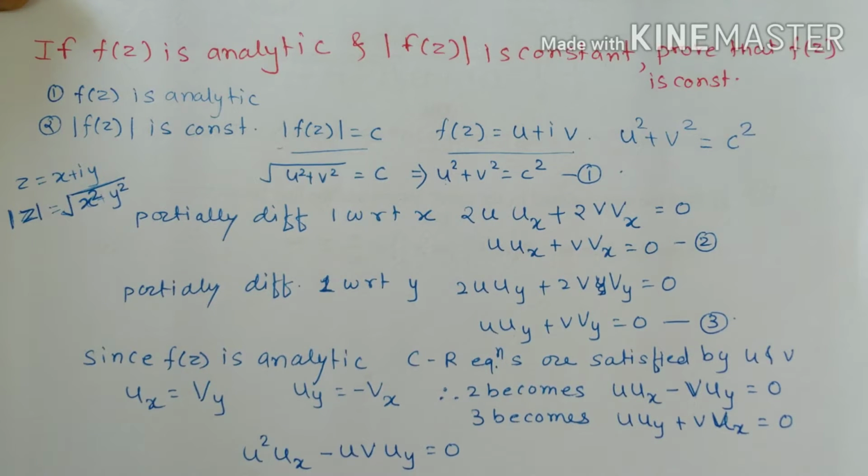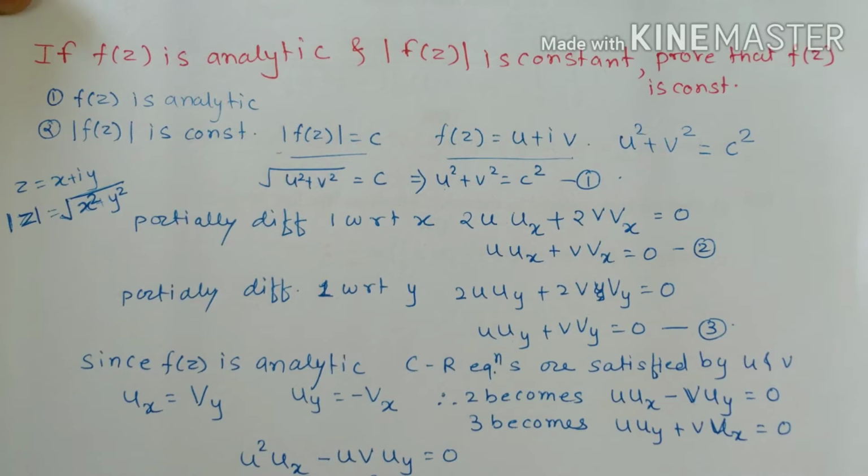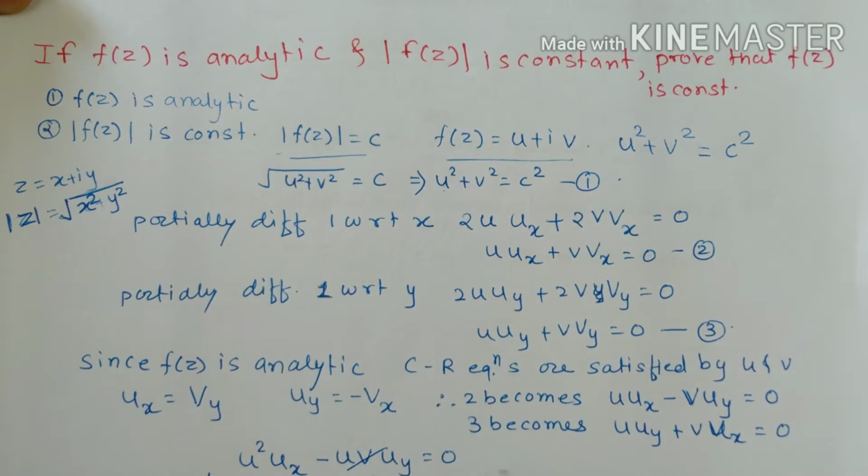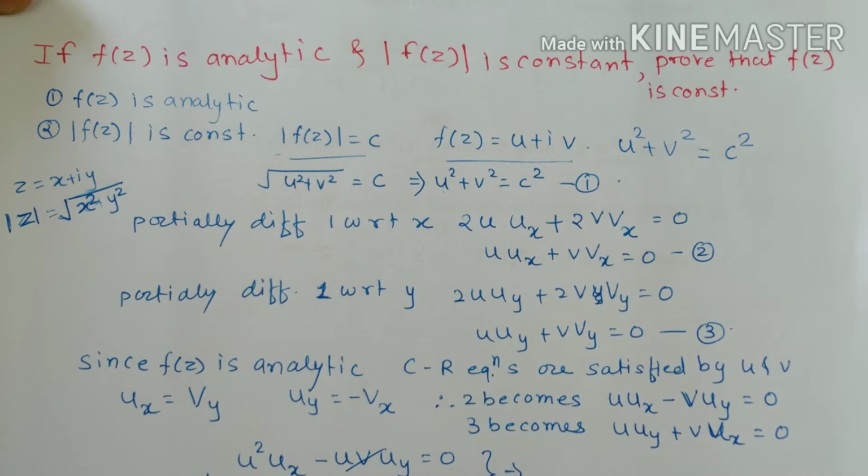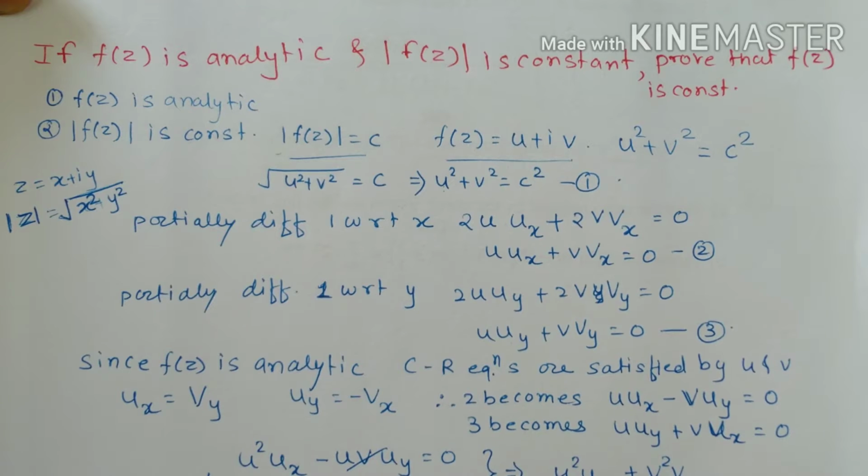Next, uv uy plus v square ux is equal to 0. While taking the addition of these two equations, the terms minus uv uy and plus uv uy get cancelled. Hence their addition gives u square ux plus v square ux is equal to 0. Taking ux common, we get ux times u square plus v square is equal to 0.